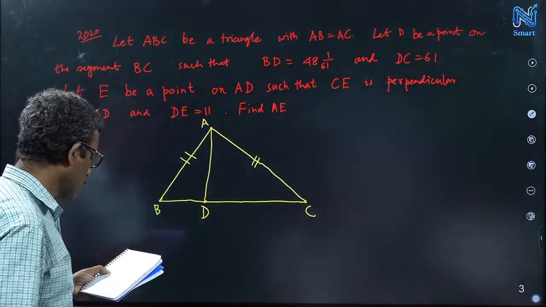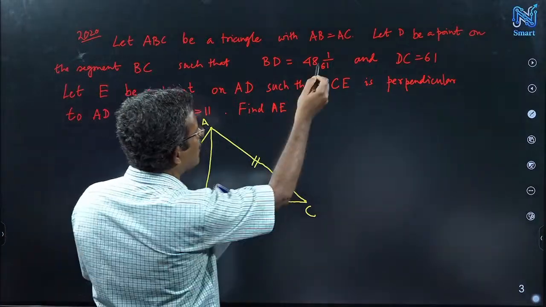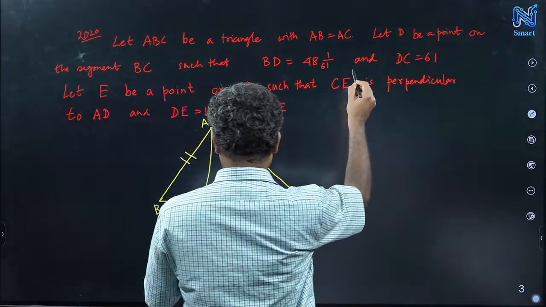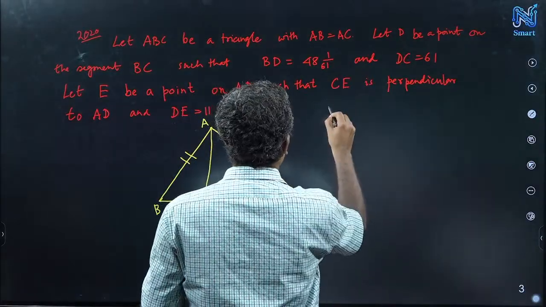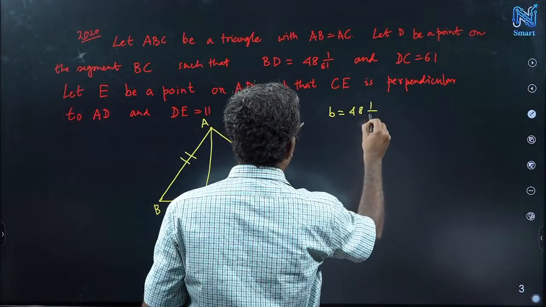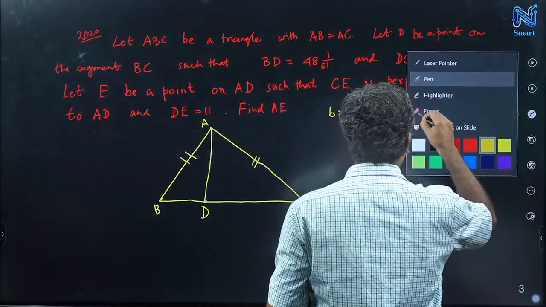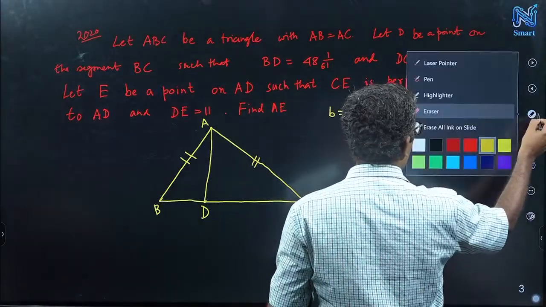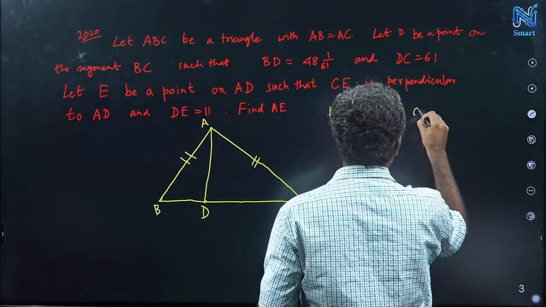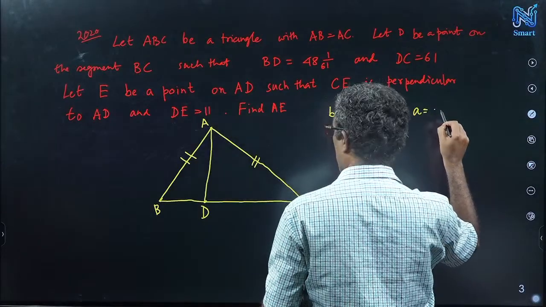What is given to us? That DC is 61. So this number is slightly awkward, so we should write, say, B equal to 48 and 1 by 61, and that value is, say, A equal to 61.